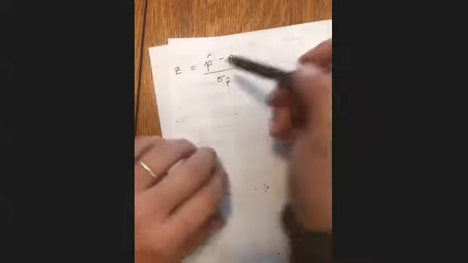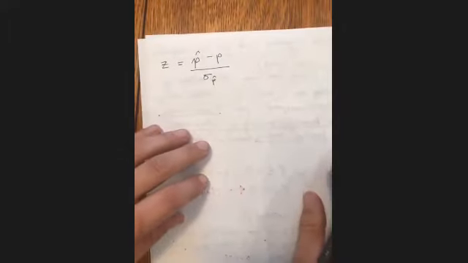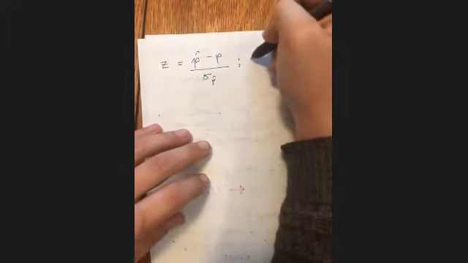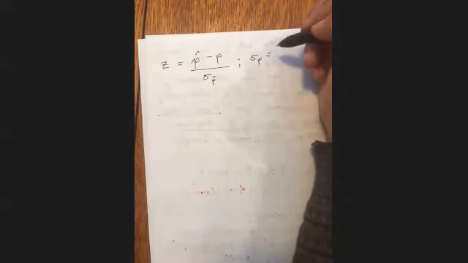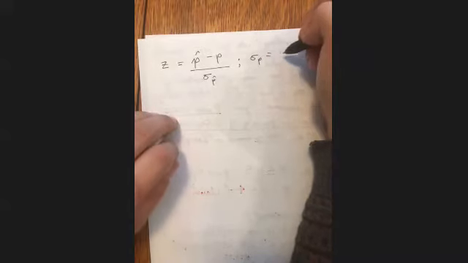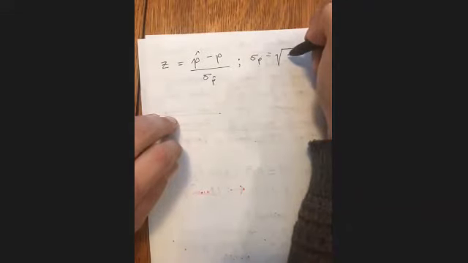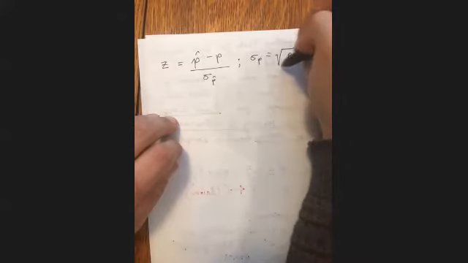Okay, so you have to identify all of these values. And you need to know how to compute sigma p hat, right? Remember that sigma p hat is equal to the square root of p times 1 minus p over n.